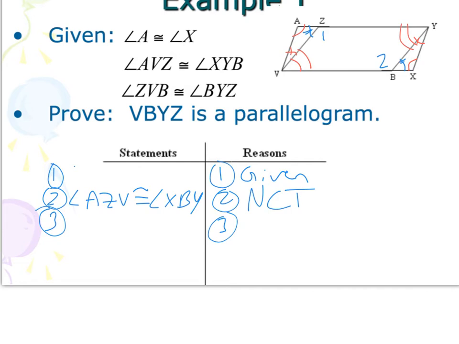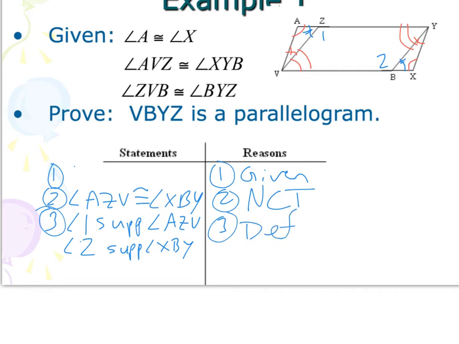So now I've got angle 1 is supplementary to angle AZV, and angle 2 is supplementary to angle XBY. Definition of supplementary. I do want to establish that they are supplementary before I use the fact that they are supplementary. So it's good to jot that down in our proof.